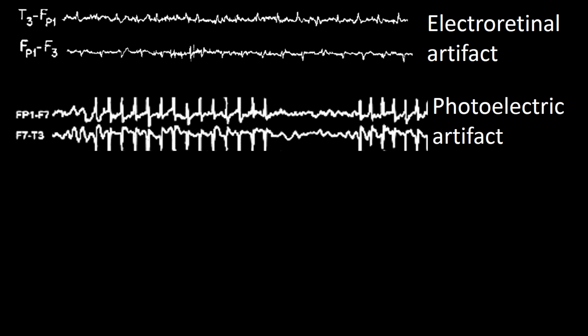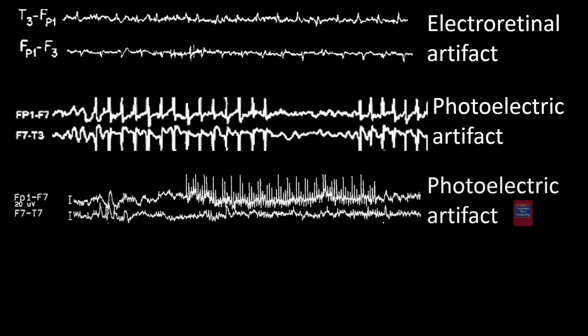Now I have introduced a photoelectric artifact. This is due to the interaction of light with the electrode, so the term I prefer is photoelectrode artifact. Now I have placed a new epoch, and this epoch is that of a negative artifact arising from FP1 that is published as a photoelectrode artifact or photoelectric artifact in the literature.